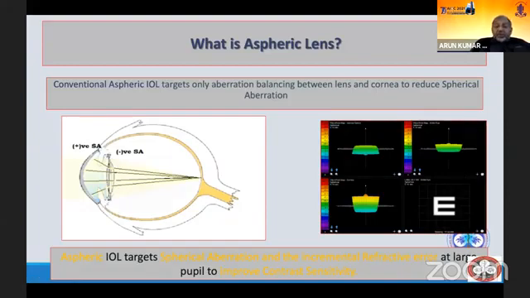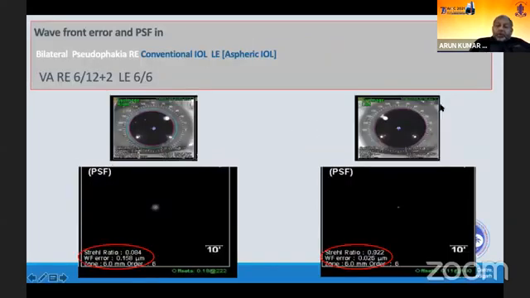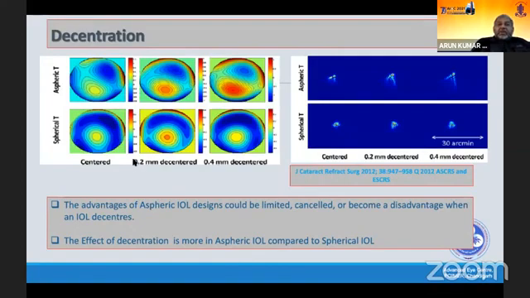This is one example of the two eyes of a person. One eye has a normal lens, the other eye has an aspheric lens, and you can see the quality and point spread function is much better in the aspheric lens. But one of the disadvantages of aspheric lenses is that once there is a decentration of these lenses, it leads to more induction of coma aberration in these eyes.